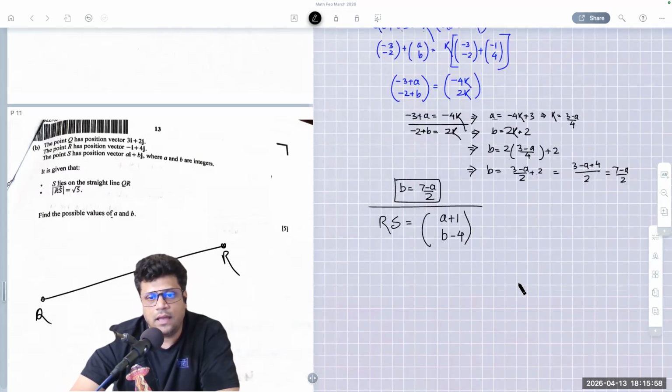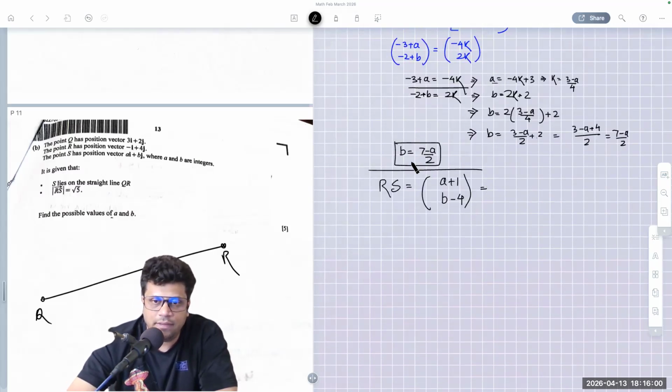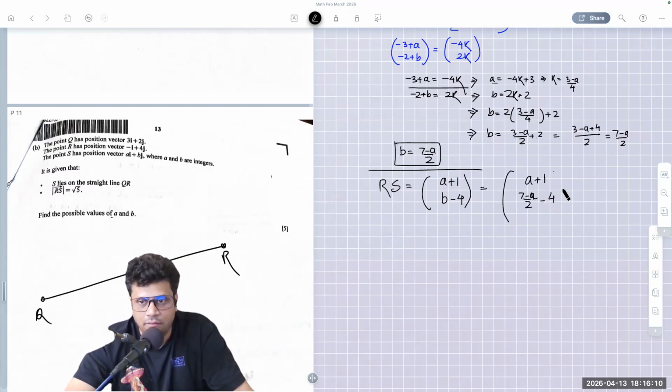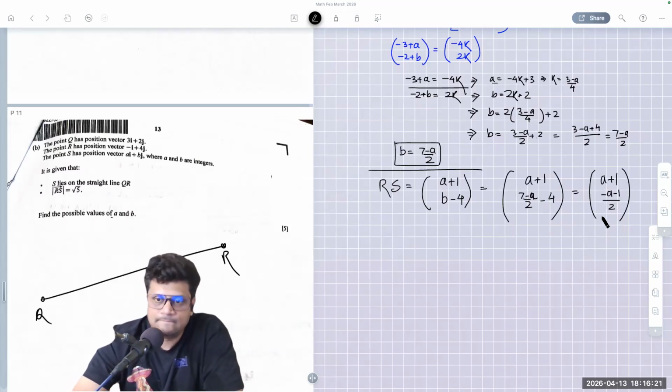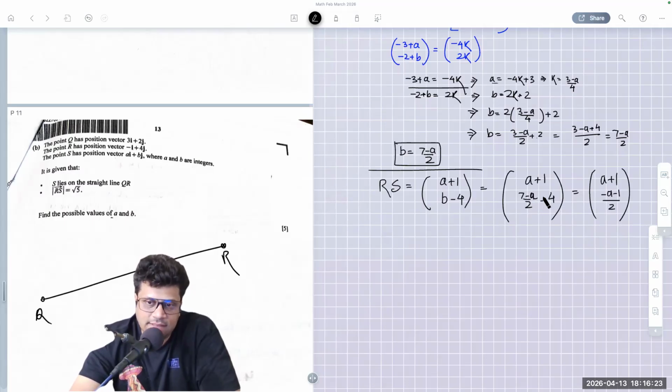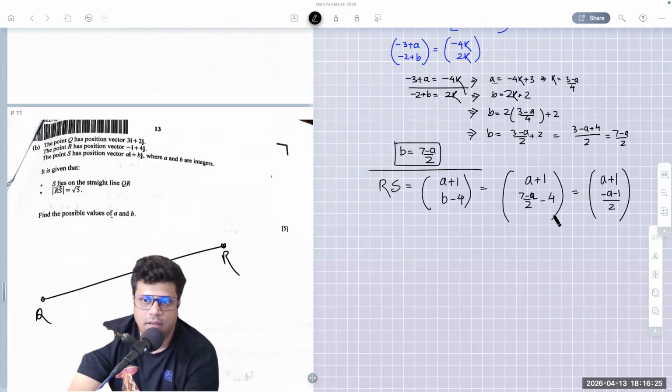Okay. And I know that B is (7 minus A) by 2, so I'm going to bring that in. (7 minus A) by 2 minus 4, and that is, with a 2 out there, (7 minus A minus 8) by 2, so (-A minus 1) by 2.